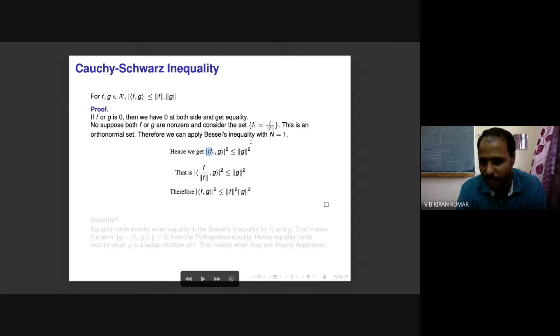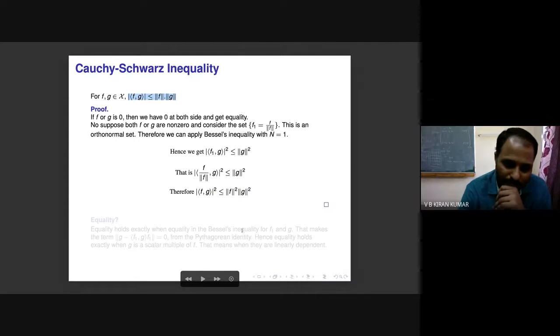Now f1 is by definition f by norm f, so norm f square will come here. So mod of inner product fg square is less than or equal to norm f square into norm g square. Taking square root, you get the desired inequality.